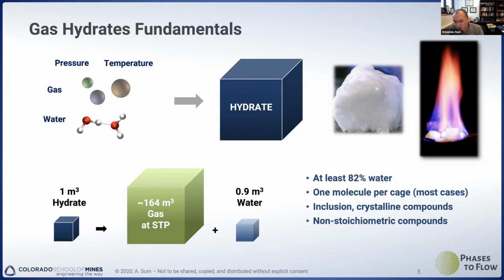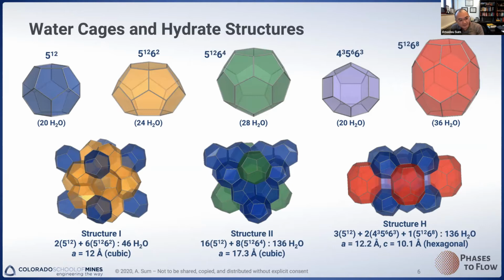One of the most unique properties of hydrates is that it is non-stoichiometric, meaning that it is not a one-to-integer number of water to gas molecules, and that has to do with the occupancy of the different cages that are formed. So hydrates are known as inclusion compounds. Now, these are the basic water cages and hydrate structures that are most common, that most people would be familiar with.